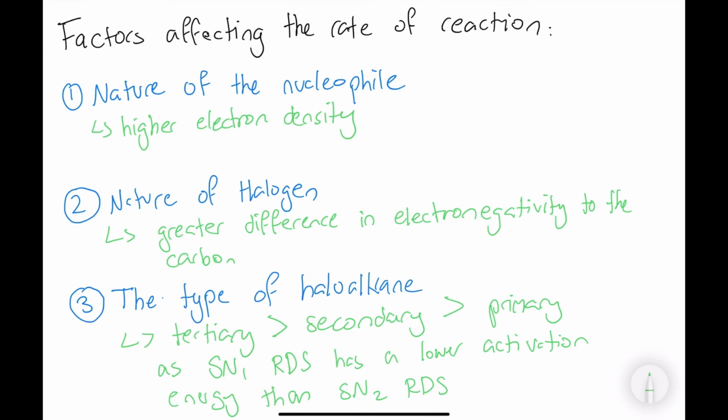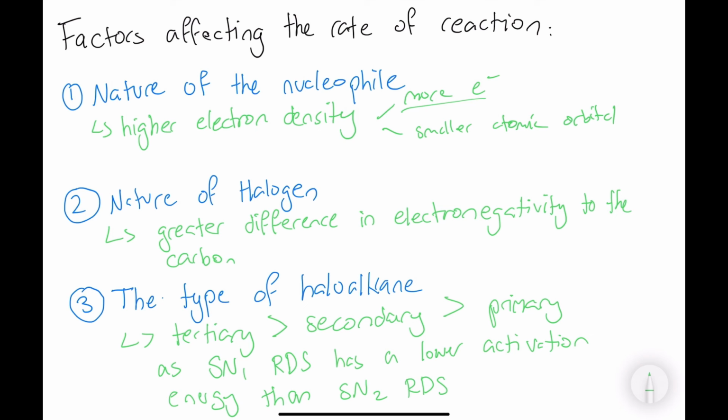So here are some factors affecting the rate of reaction. The first one, you want a higher electron density for a faster rate. This means having more lone pairs of electrons, and it could also be a smaller atomic orbital, because this means the electrons are more concentrated, but mainly it's the first one.